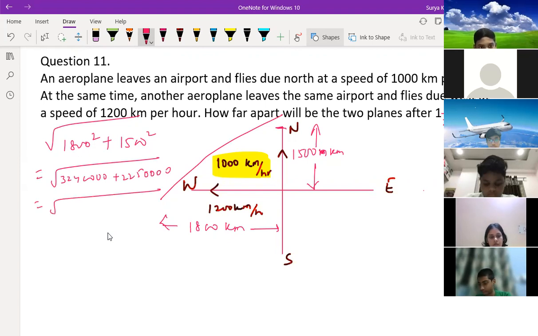Adding, we get 549 followed by 4 zeros. Then what will come for this? Is it correct or different? Now for 549, the 4 zeros, that 10^4, will give 100 under the root. That we know, 100 will come.